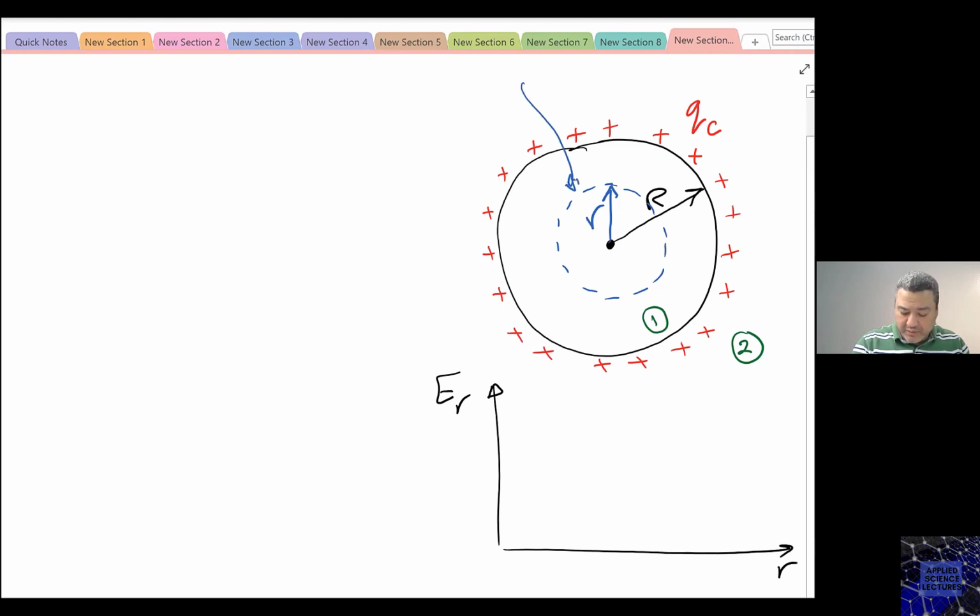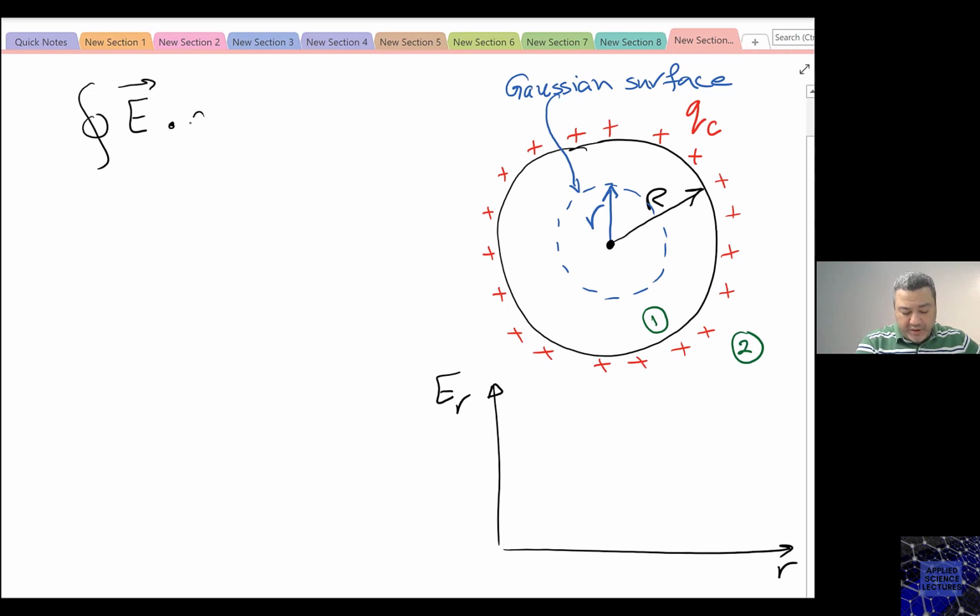So this is my Gaussian surface. This is a symmetrical, spherical type Gaussian surface. Now we will apply Gauss's law in order to derive the relationship between the electric field and my enclosed charges.